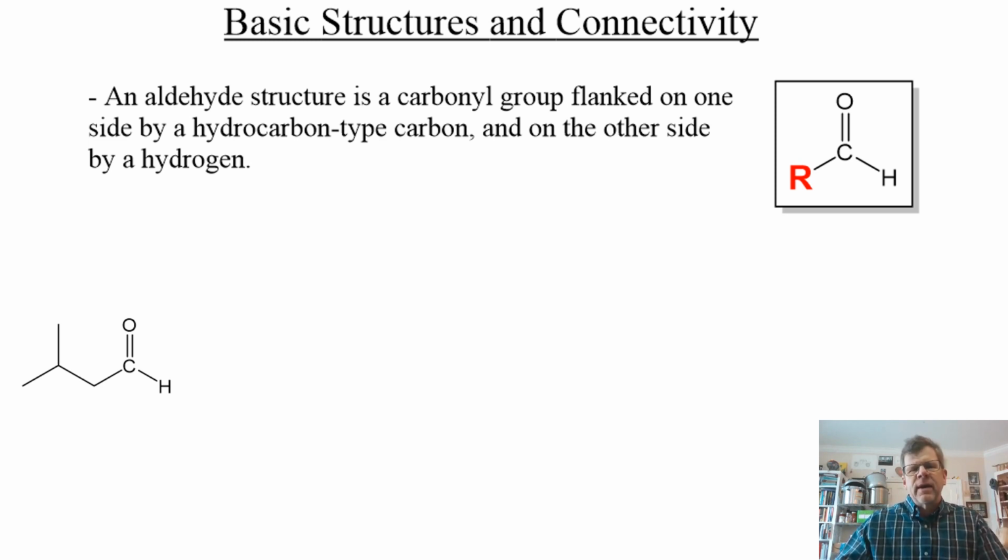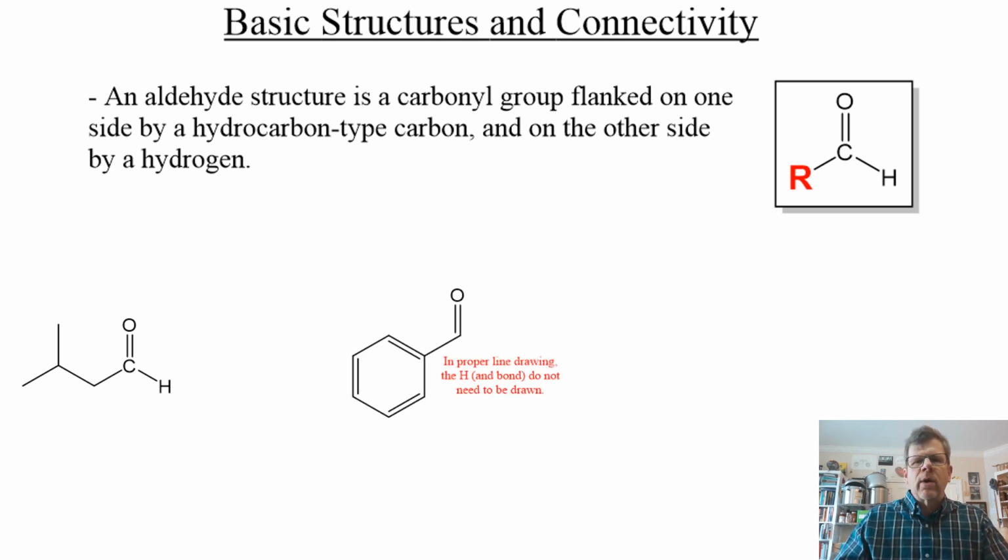There's an example of an aldehyde here. This drawing is sort of a mixture between line drawing and complete bonding structure, but this is a representative aldehyde showing that hydrogen on that carbonyl carbon. Much of the time, though, we're going to be looking at aldehydes in complete line drawing, and I've brought this up before, and this carbonyl here looks sort of lopsided.